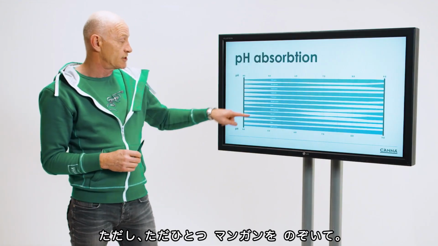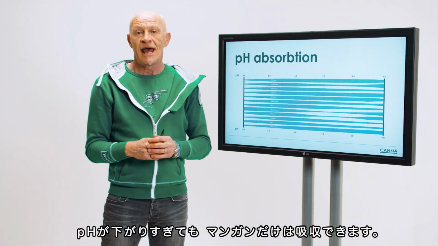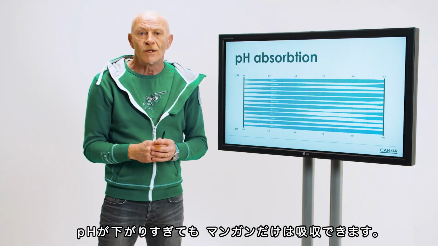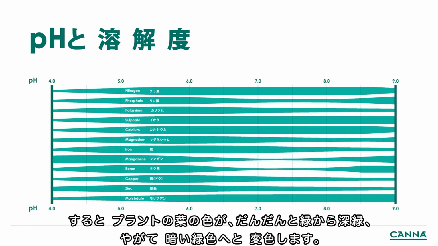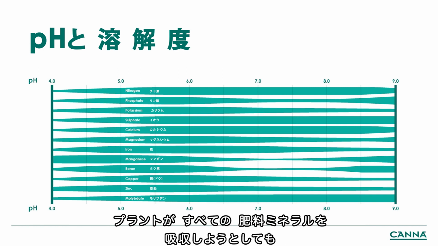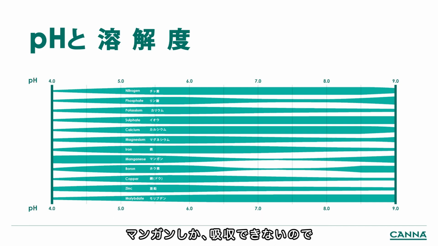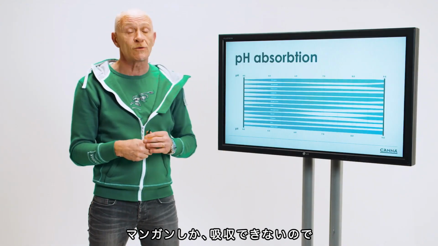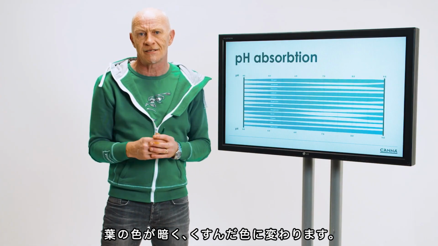Except one element, manganese. And often you will see slowly that the plants become green, dark green, but very dull. That means actually he should take other metals. He cannot get them, so instead of that, it will take the manganese metal.